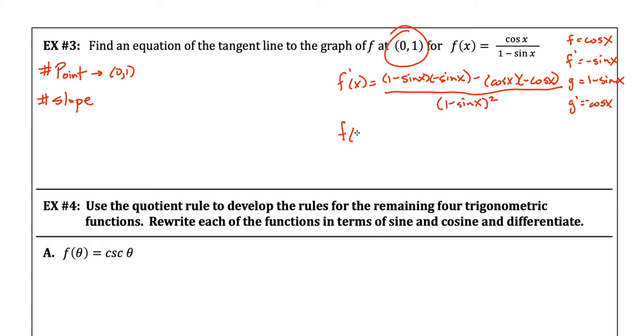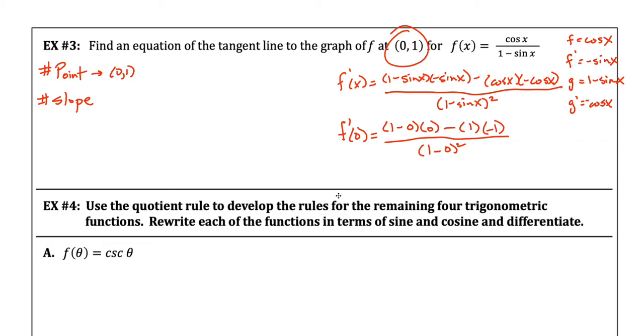I've usually had better luck having students do this rather than simplifying first because the simplification process seems to be where a lot of people make mistakes. So if I plug 0 in now, I don't really even have to worry about it. So 1 minus sine of 0, which is 0, times negative sine of 0, which is 0, minus cosine of 0, which is 1, times negative cosine of 0, which is negative 1, all over 1 minus 0 squared.